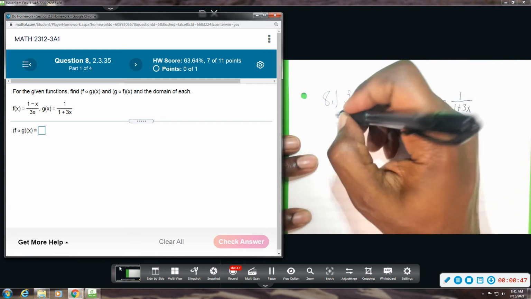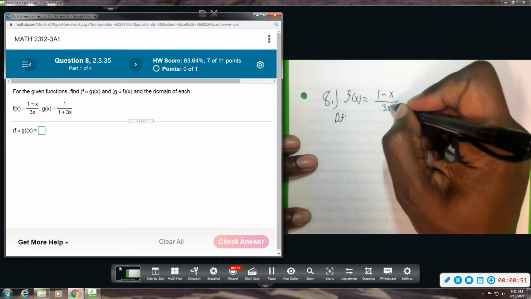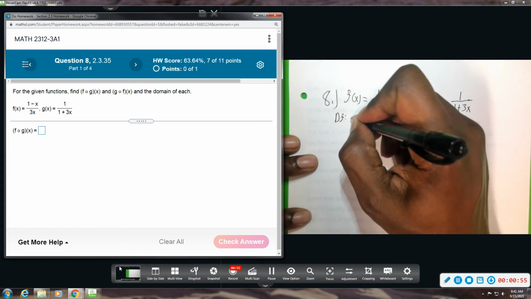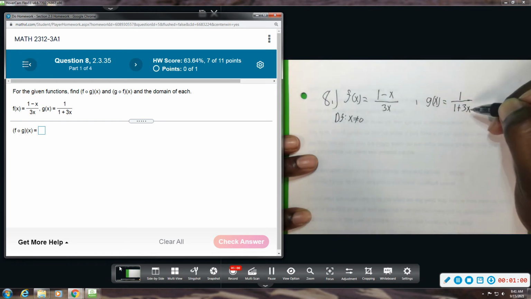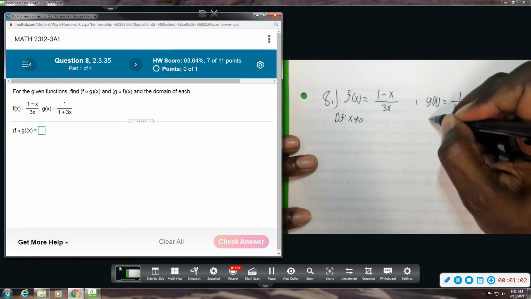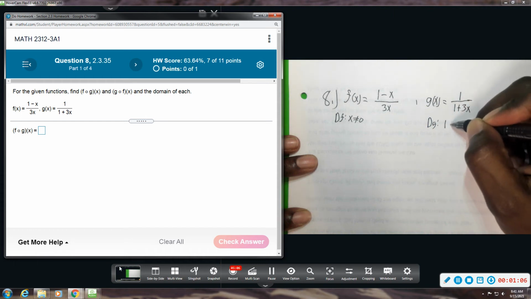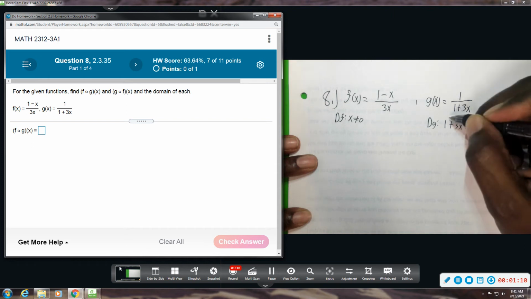Finding domain of f. What makes the bottom 0? If I plug a 0 for x, 3 times 0 will give me 0. So x cannot be equal to 0. And then domain of g, 1 plus 3x cannot be equal to 0.